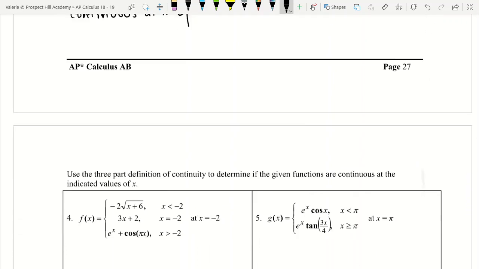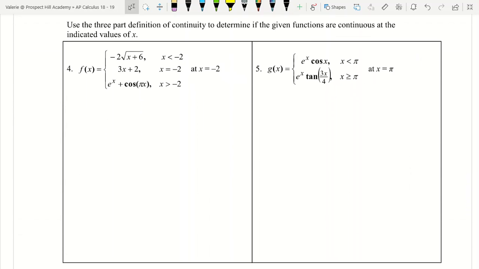So on the next page, we want to use the three-part definition of continuity to determine if the given functions are continuous at indicated values of x.